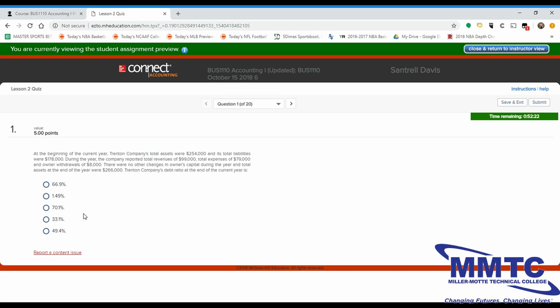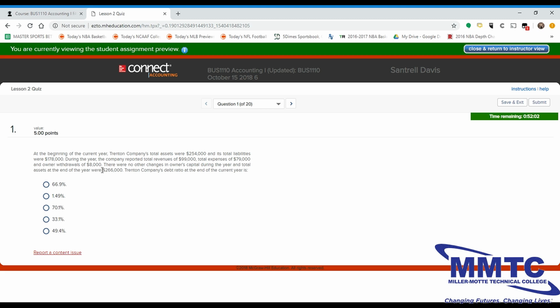So you divided the wrong thing. I listened to the instructor. Total liabilities divided by total assets. So 99 minus 79, 20 minus 8, gives you 12K in equity.